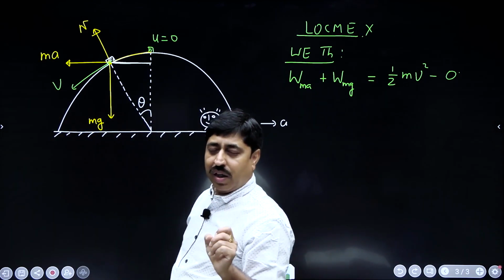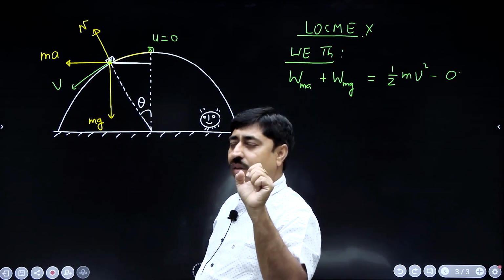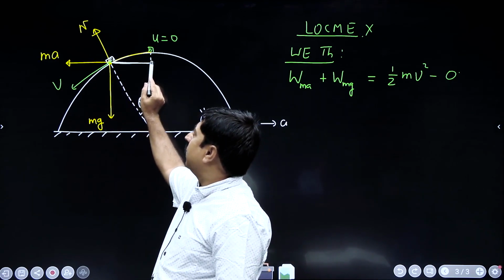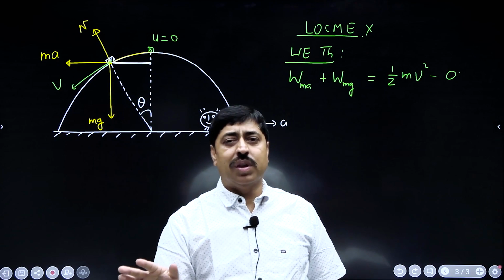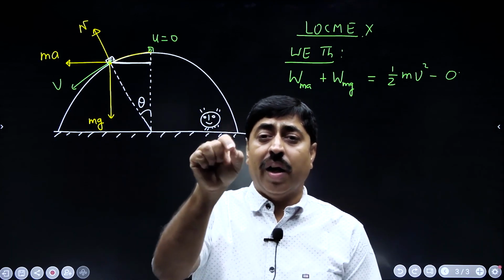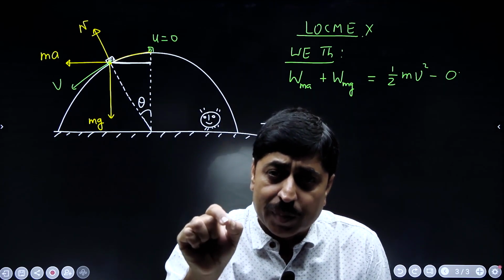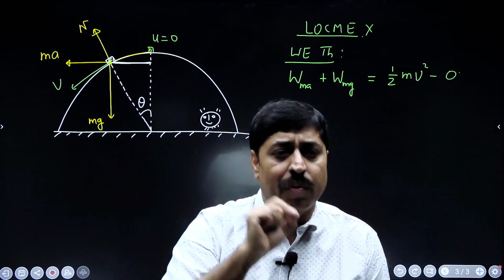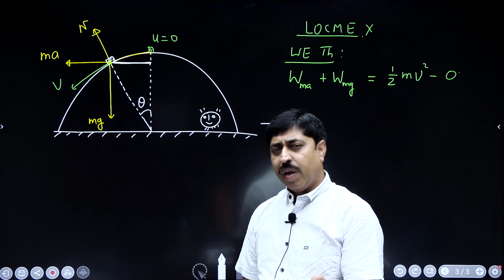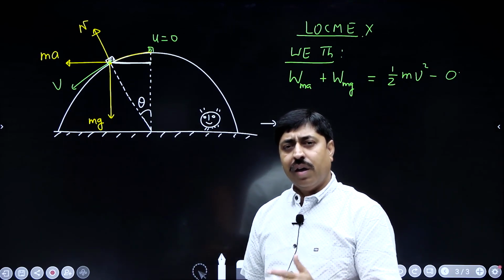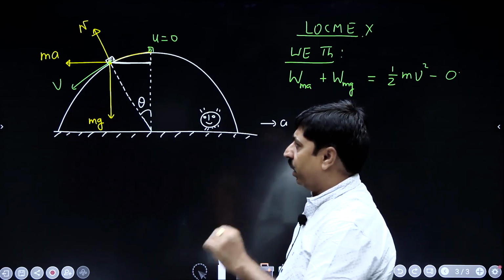To get its work done, you multiply Ma with this horizontal displacement. Work done by constant force is simply force multiplied by displacement in the direction of the force. So, Ma is a constant force. Work done by Ma is Ma into displacement in the direction of Ma.